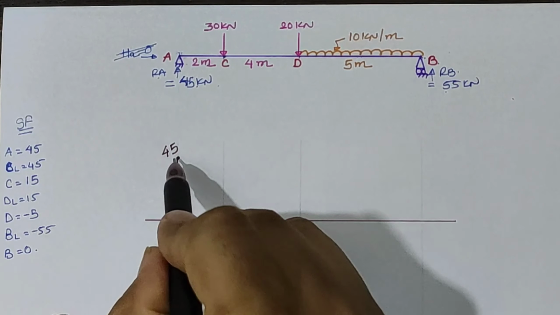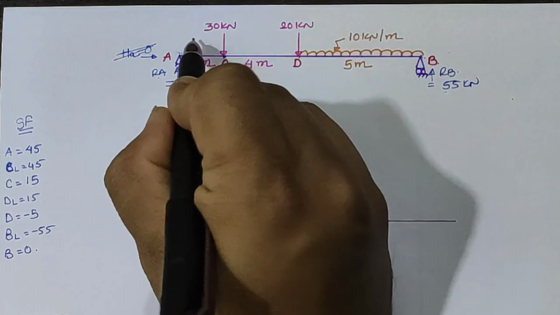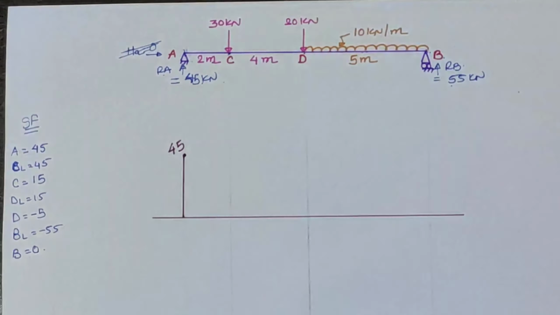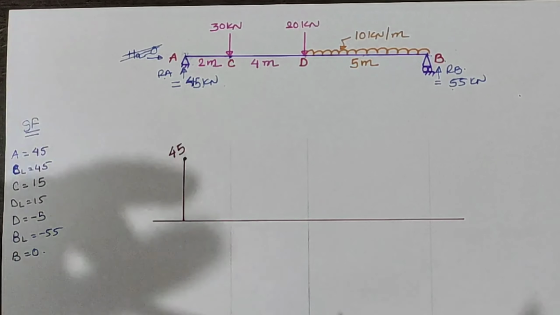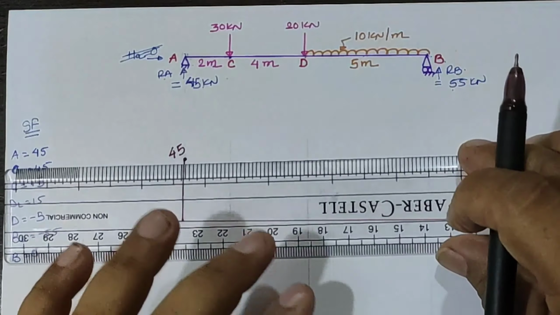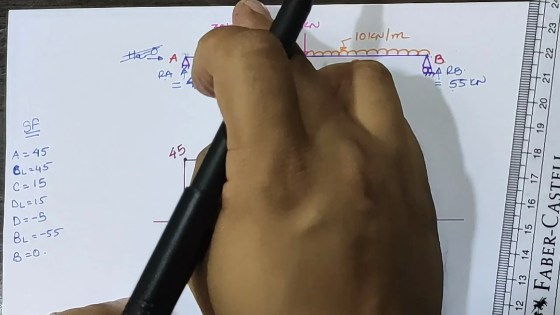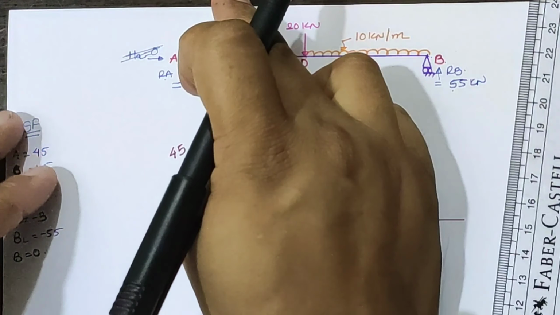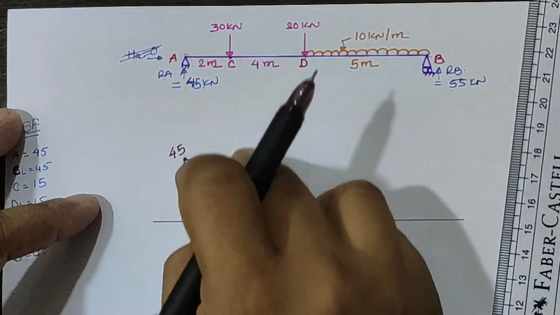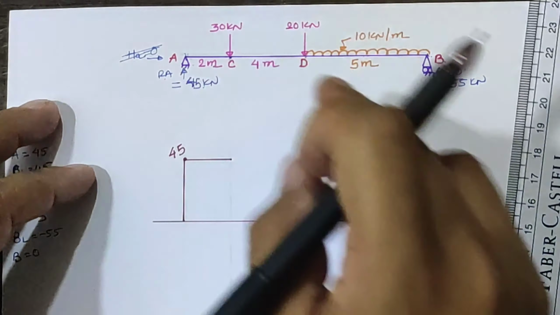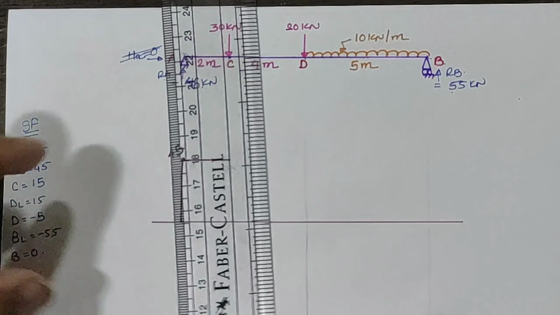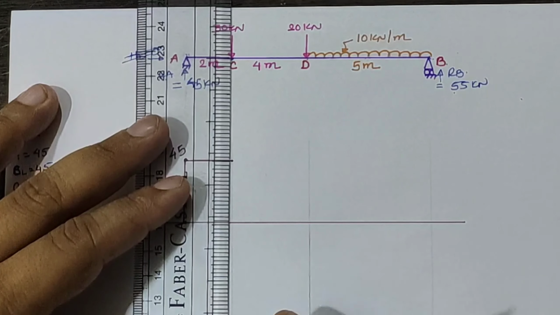Now from A to C there isn't any load, so our diagram is a horizontal straight line according to the rule of shear force and bending moment for the point load. Now at point C the point load is acting, so we have a sudden drop or sudden rise according to the loading condition. Hence at point C our value is 15.